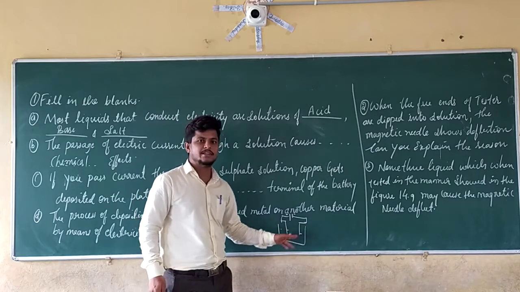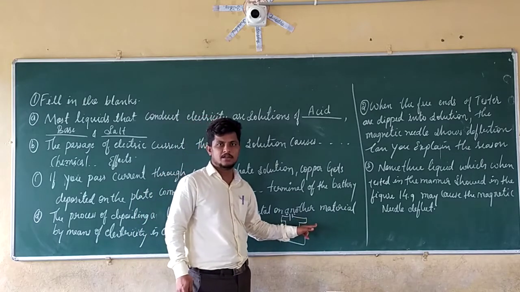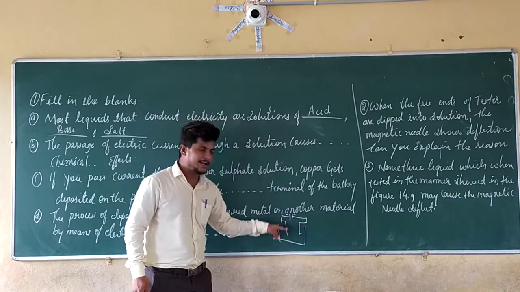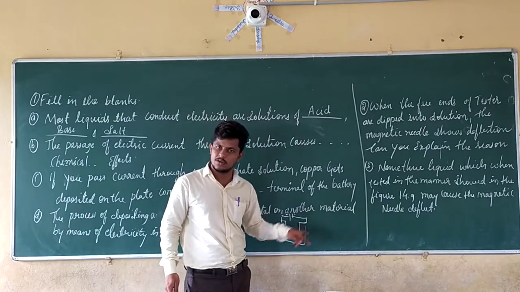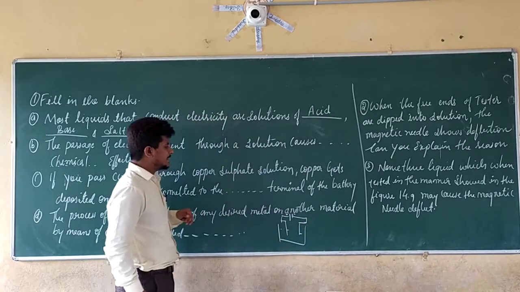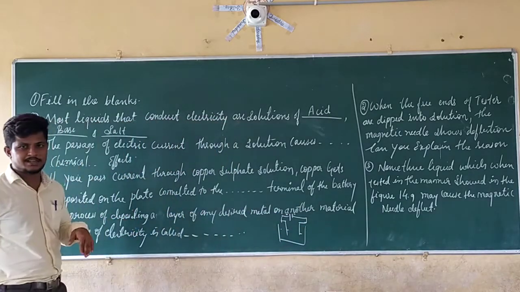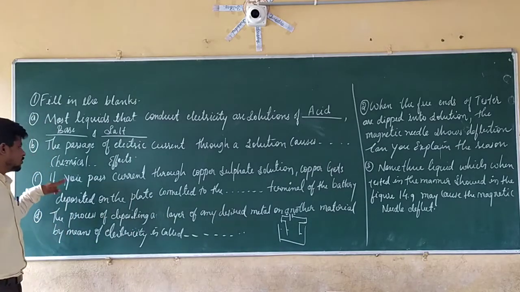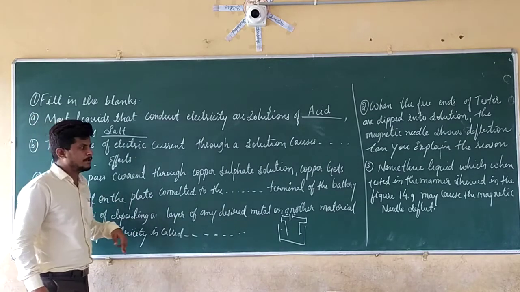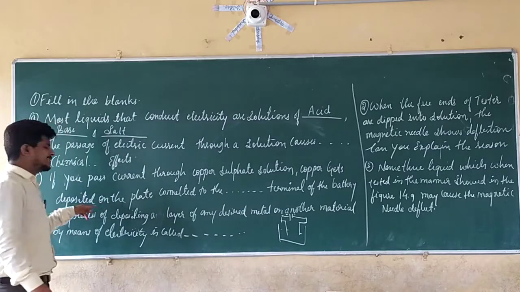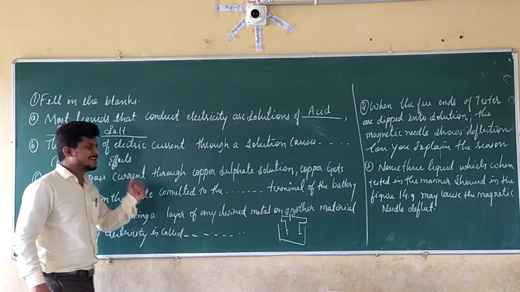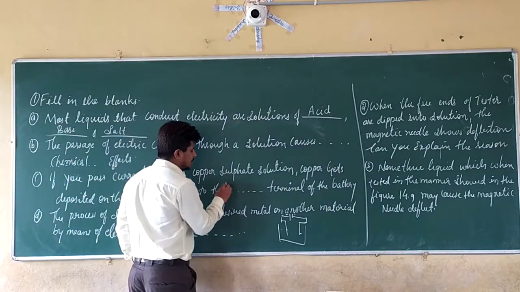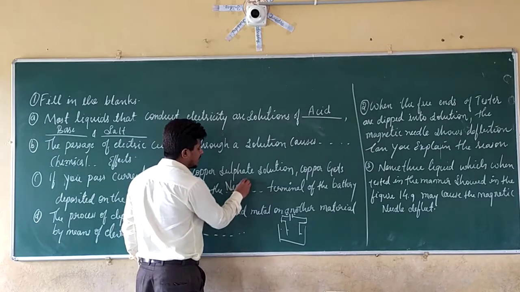It is going to move in the direction of the negative terminal, or the electrode which is connected to the negative terminal. So the answer for question C is negative terminal. If you pass a current through a copper sulfate solution, copper gets deposited on the plate connected to the negative terminal.